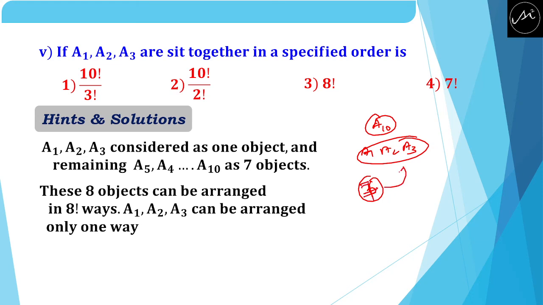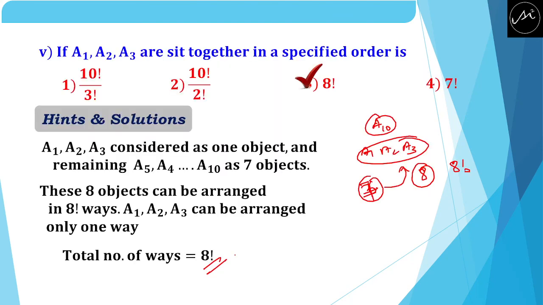Now 7 plus 1, that is 8 objects in total. So 8 factorial ways will be the right answer for problem number 5. Clear?